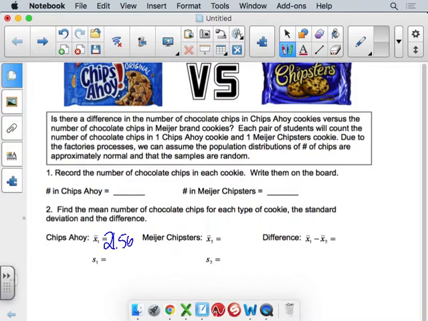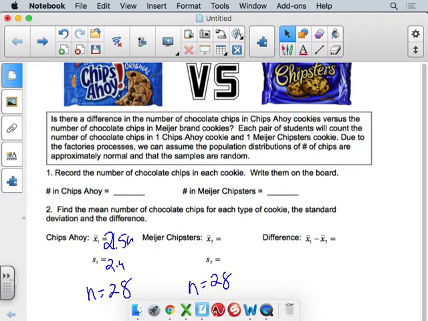And let's say we did a sample size for both of these of 28. So sample size 28, and let's say this one has a standard deviation of 2.4849.